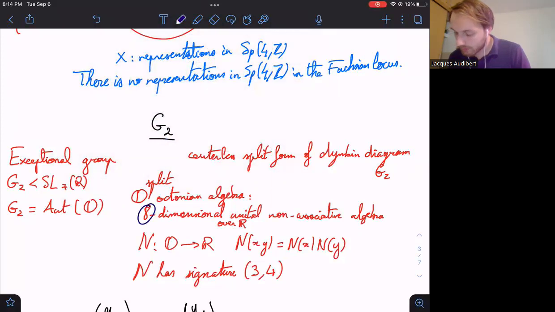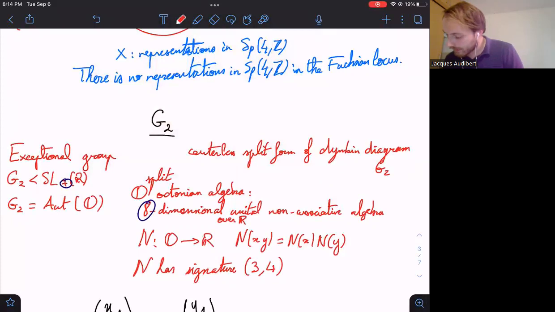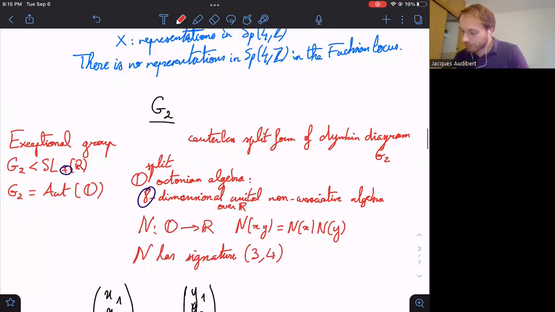We have 8-dimensional here, and here it's SL7, because you can prove that the center of O is 1-dimensional, and that G2 preserves this line, but also preserves the 7-dimensional space that is orthogonal to the center.